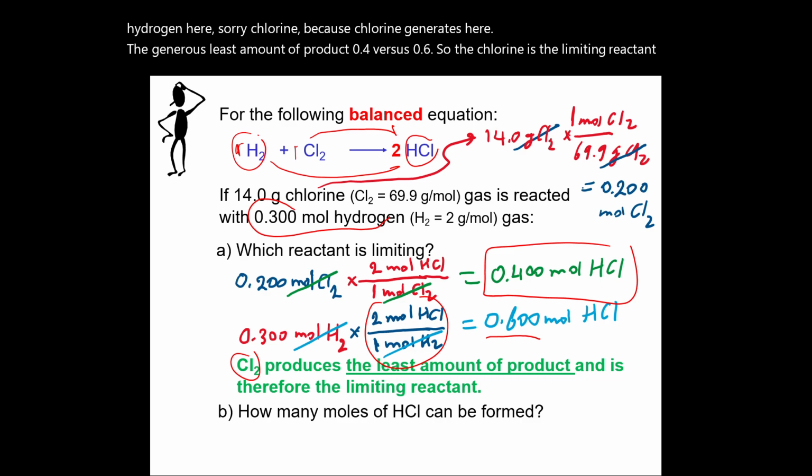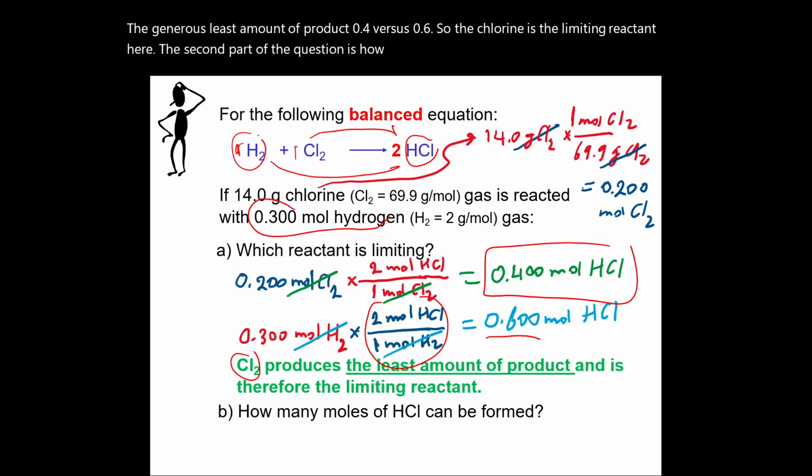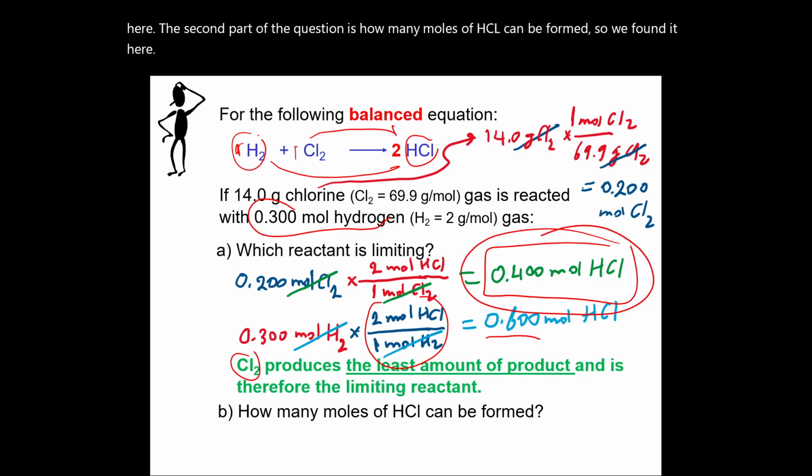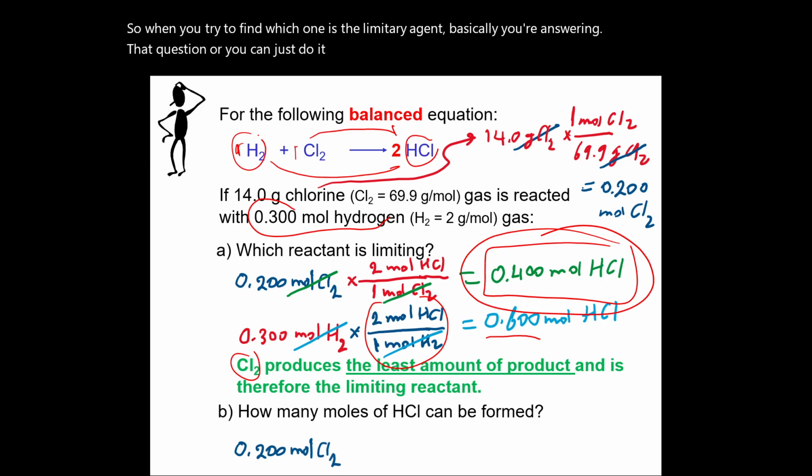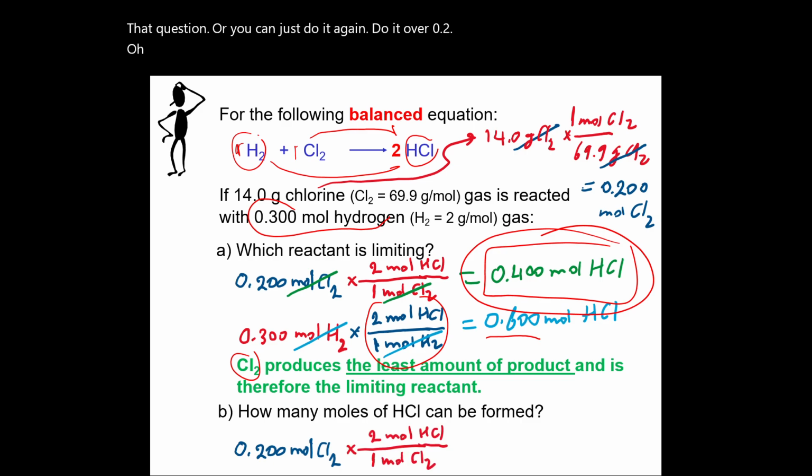The second part of the question is how many moles of HCl can be formed? So we found it here. When you try to find which one is the limiting reagent, you're answering that question, or you can just do it over. 0.200 moles of chlorine, and 1 mole chlorine generates 2 moles of HCl.